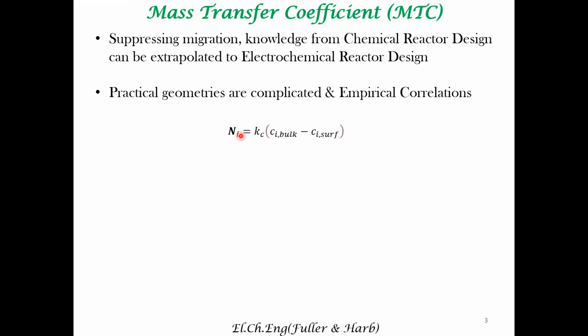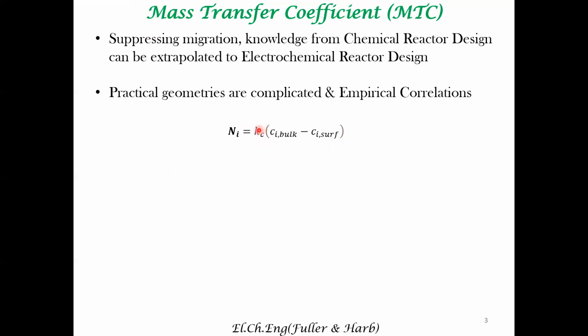There is this molar flux that is of interest. This is a central quantity which we have been addressing in the series of lectures. We are going to compute this quantity using this mass transfer coefficient. This is a vector quantity, though in this definition the vectorial sense is not clearly seen.